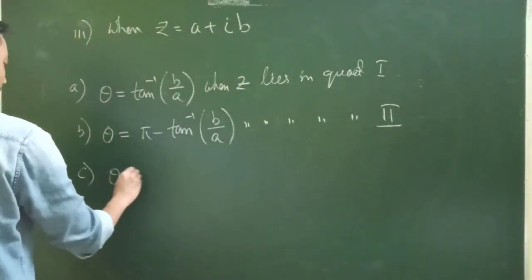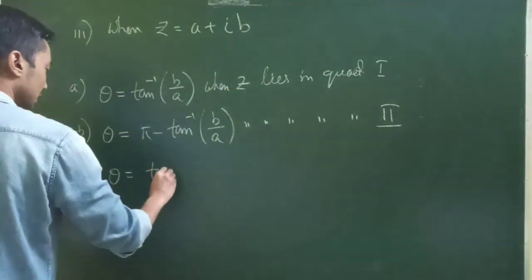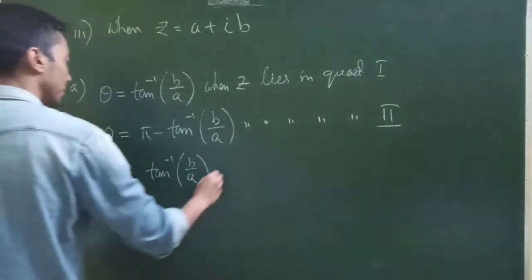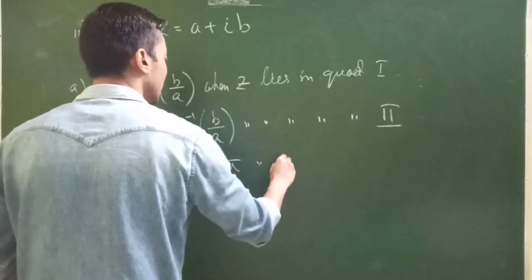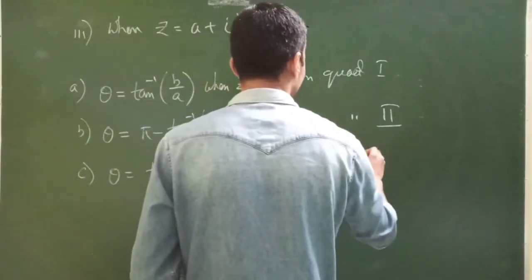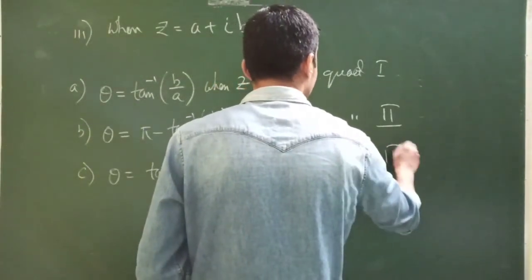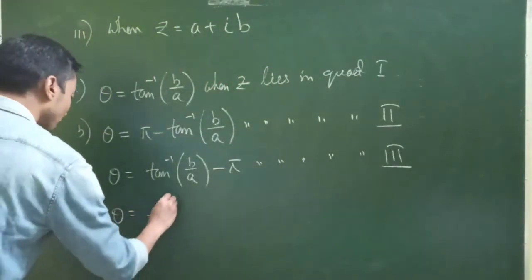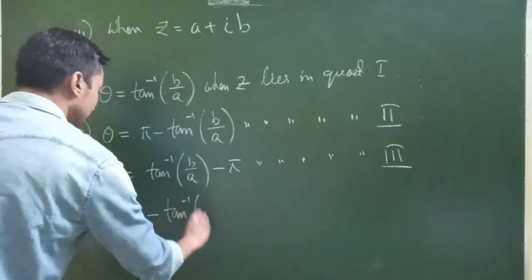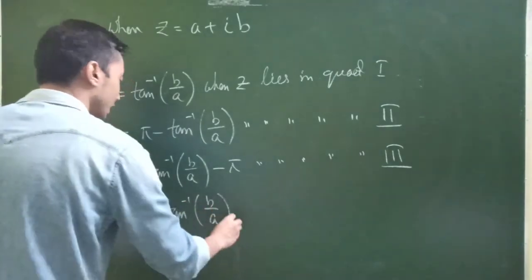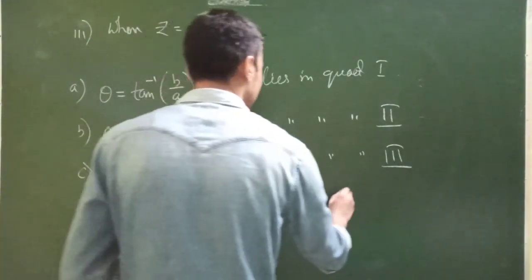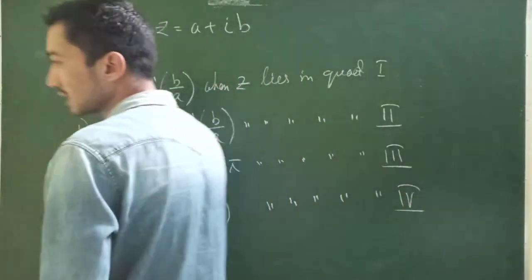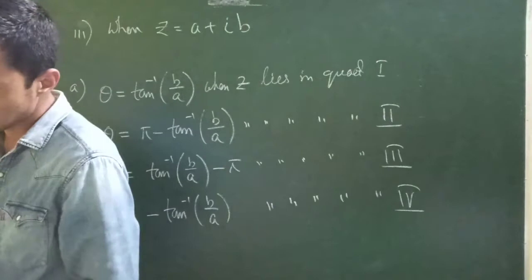The argument will be tan inverse of b by a minus pi when the complex number lies in the third quadrant. And lastly, theta will be equal to minus tan inverse of b by a if z lies in the fourth quadrant in the Argand plane.